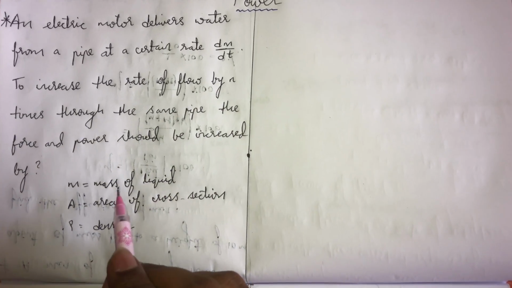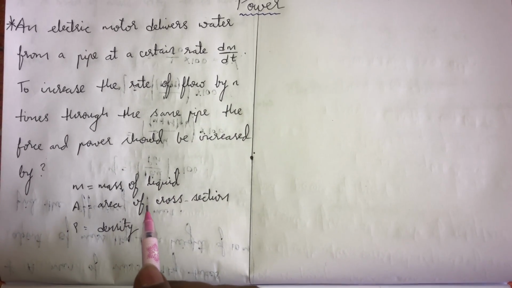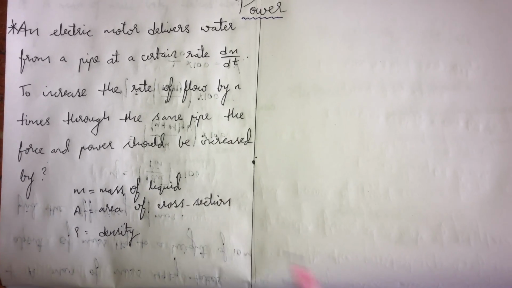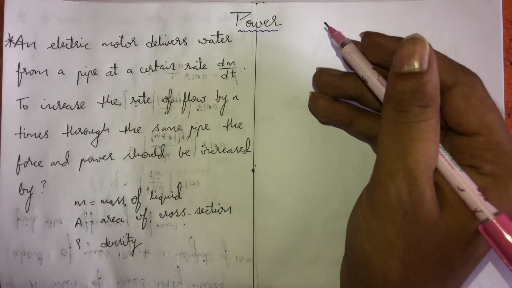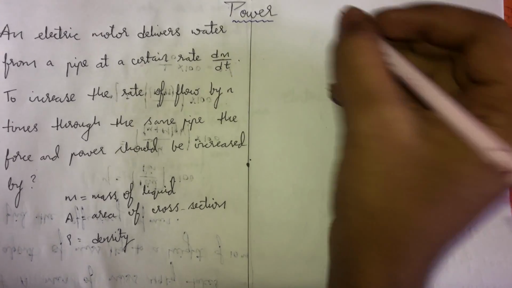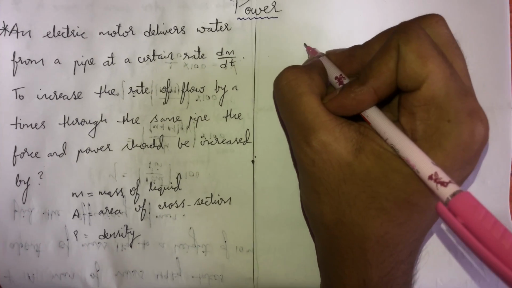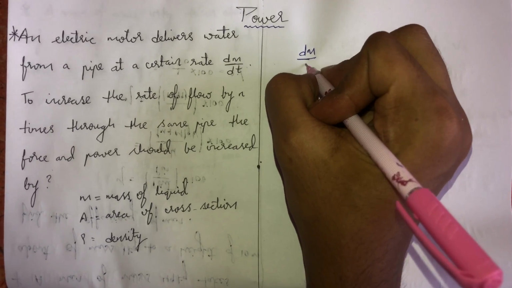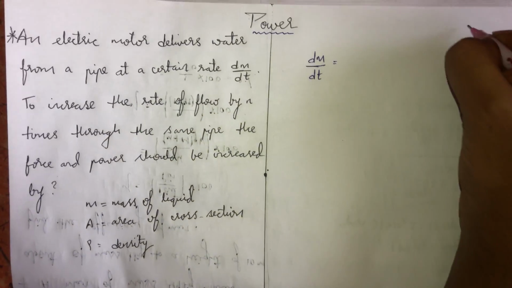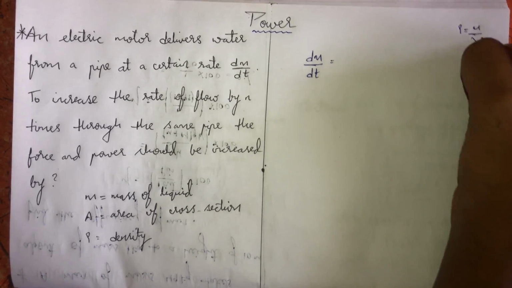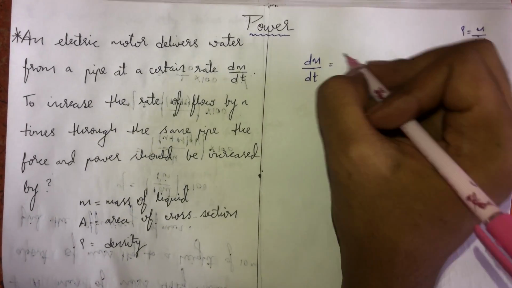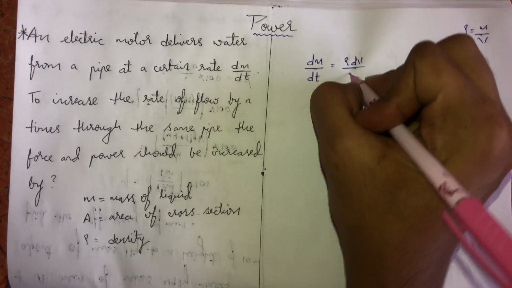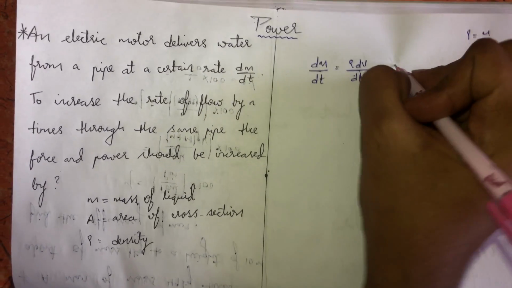Here m is taken as the mass of the liquid, A is the area of cross section of the pipe, and density is given by rho. So the mass of the liquid flowing per second, dm by dt, will be equal to, as density is mass by volume, so mass will be equal to density into dV by dt.